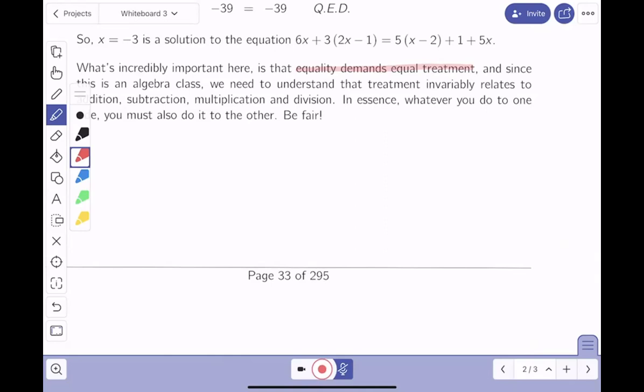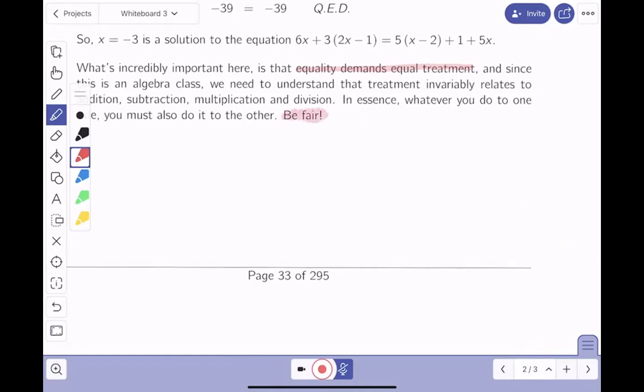What are we doing? Basically, arithmetic operations. We're adding things to both sides. We might be subtracting things from both sides. We might be multiplying both sides by the same thing. We might be dividing both sides by the same thing. The bottom line is please make some attempt to be fair.